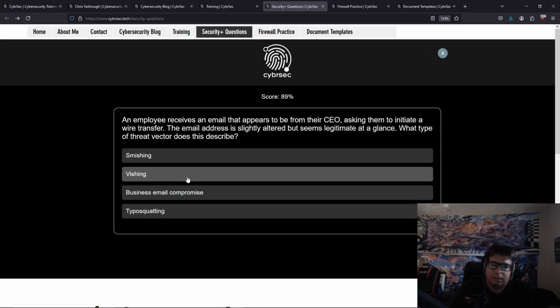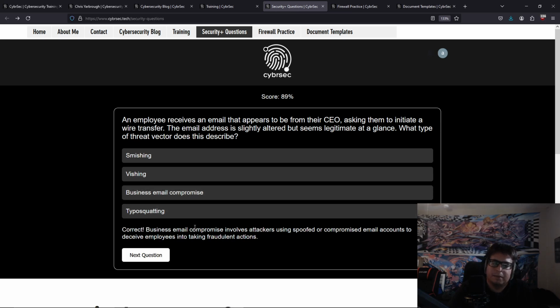Phishing. Business email compromise, because it is from their CEO. Well, the email is slightly altered, so it's not. One of these two. That one probably. Yay. Spoofing email accounts.